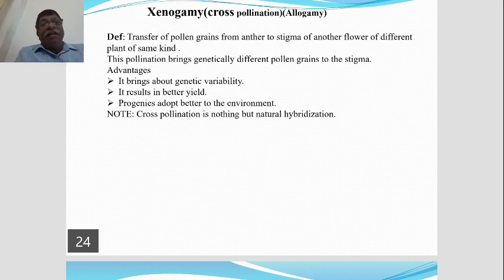Then the progenies yield better when compared to the homozygotes like the autogamy. In case of autogamy, the yield is very low or decreases. Then the progenies produced by allogamy adapt better to the environment.